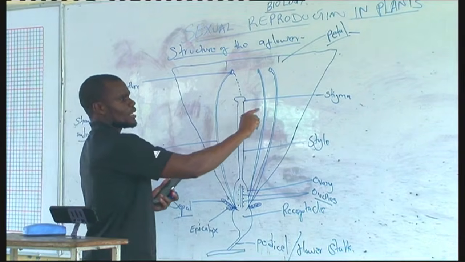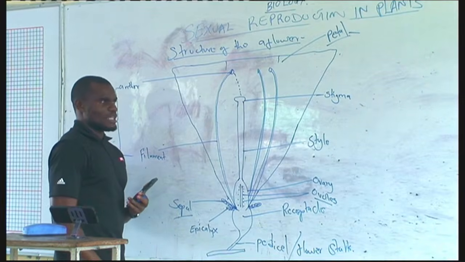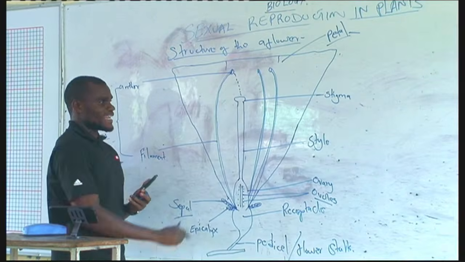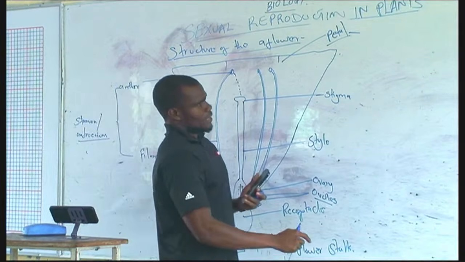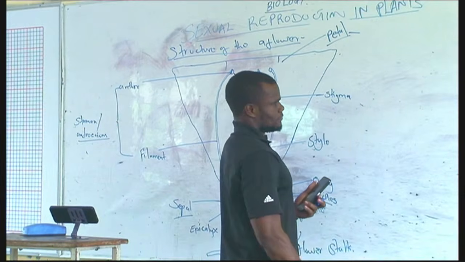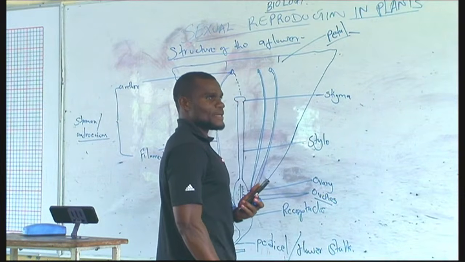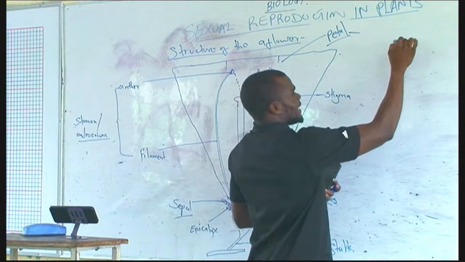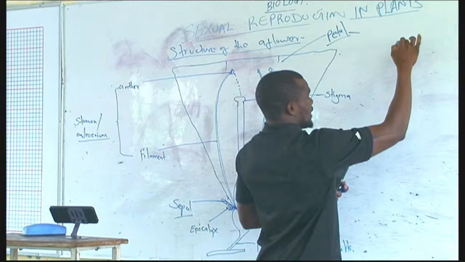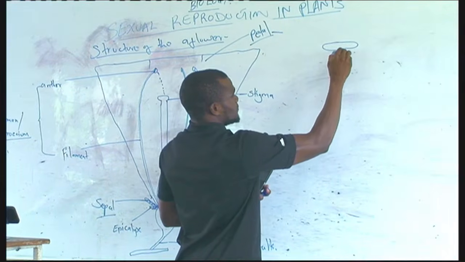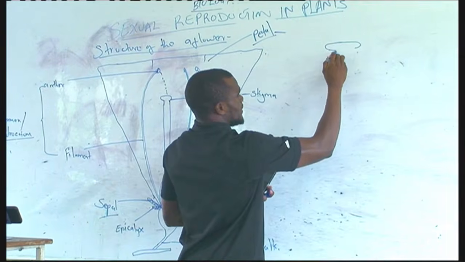You only label the pistil or the gynoecium part of a flower. Like you can be asked, with a well-labeled diagram, draw a pistillate flower. You will just extract the female part of a flower.